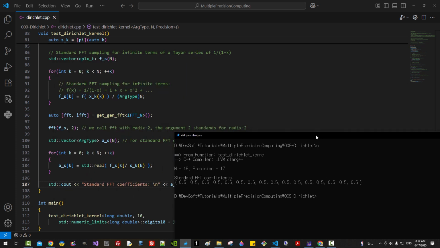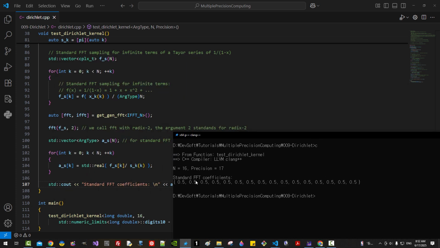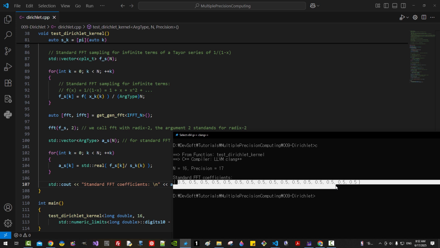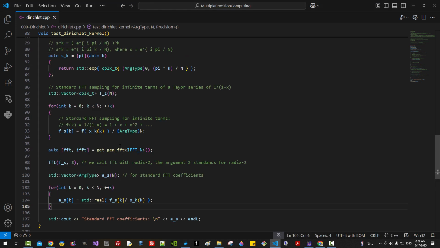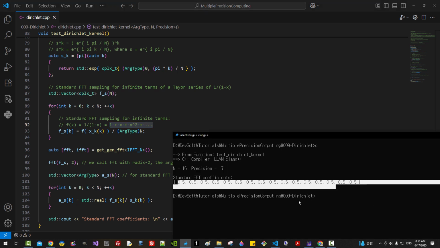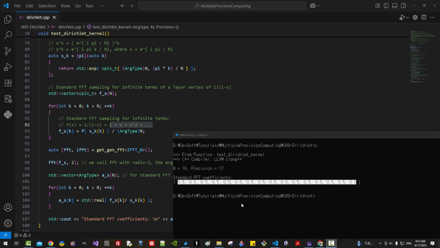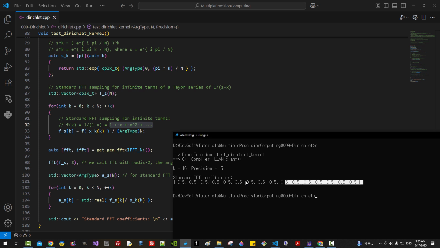Please understand the standard FFT coefficients are all 0.5, but we expect all ones. We expect all coefficients should be 1, but we get half of 1. What's the problem?